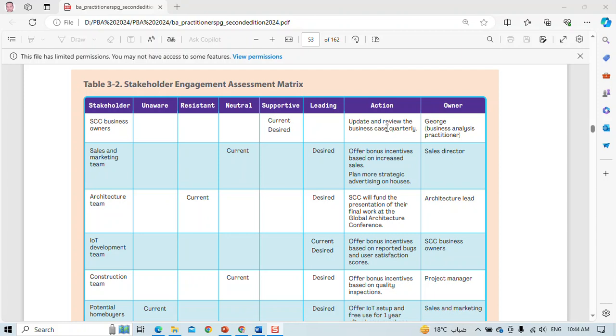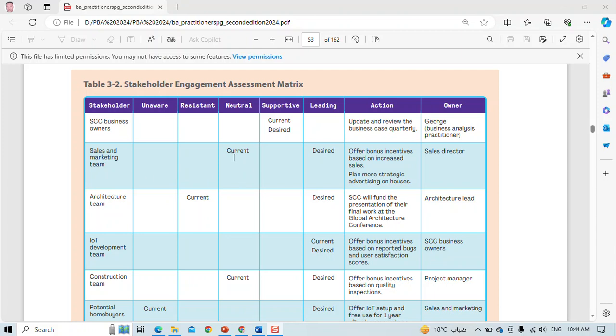Our action as a business analyst is to update and review the business case quarterly. Who will take this action? George and Rani.